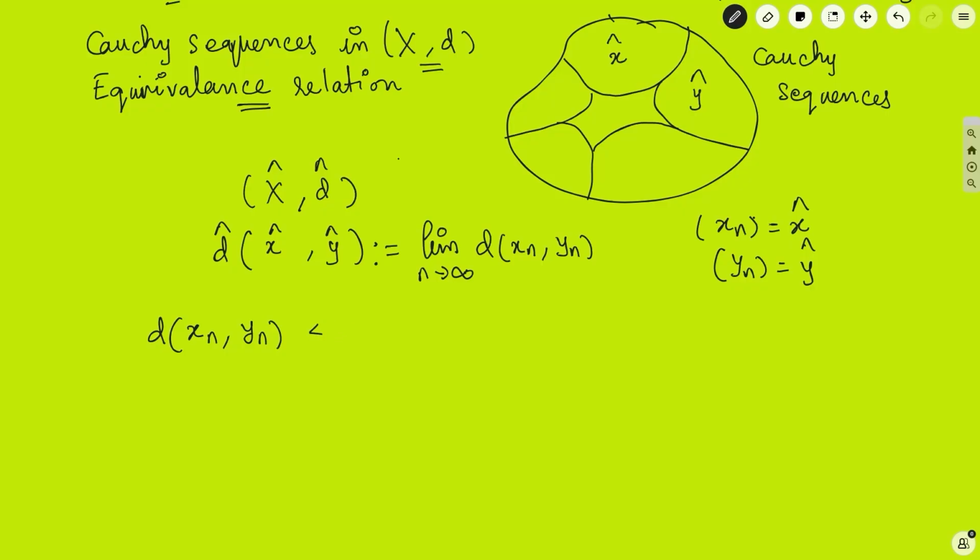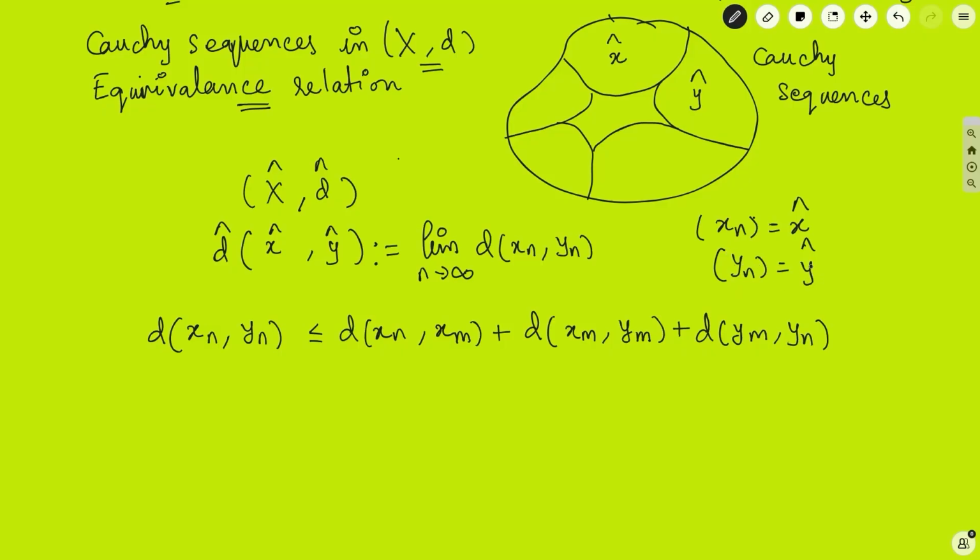We can definitely use the triangle inequality: d(x_n, x_m) + d(x_m, y_m) + d(y_m, y_n). What I've done is introduce another point x_m, the mth term in the same sequence, and y_m is the mth term of the sequence y hat, and y_n is the nth term again.